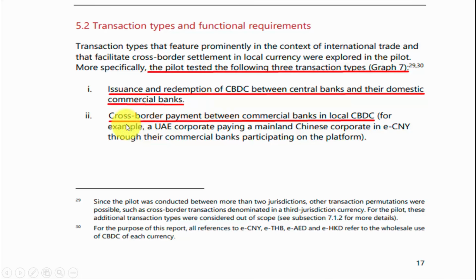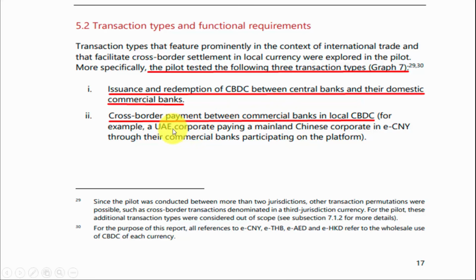Another one was cross-border payments between commercial banks in local CBDC. For example, a UAE corporate paying a mainland Chinese corporate in ECNY through their commercial banks participating on the platform. So commercial banks in their local CBDCs must be able to do cross-border payments between them, and this is basically sending a CBDC from one commercial bank to another.